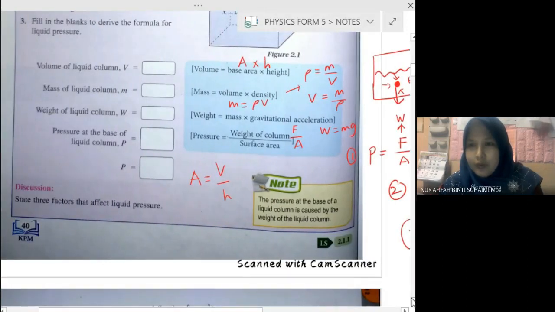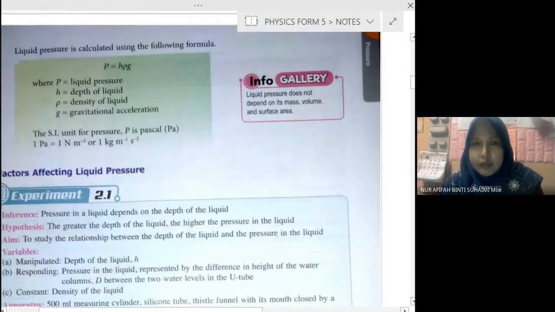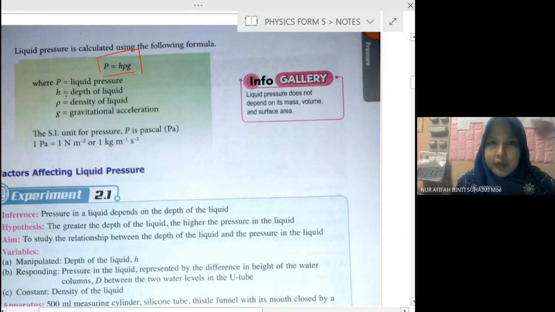Okay, next. The liquid pressure is calculated using the following formula. Remember this one. Pressure in liquid, any object in the liquid. Okay, we have P, h, rho, g. Kalau dalam exam pun dia boleh state formula macam ni, and then you define balik where P what, h what.